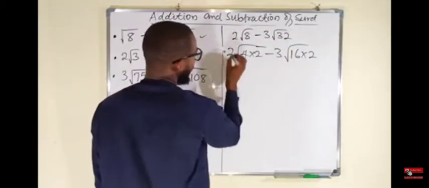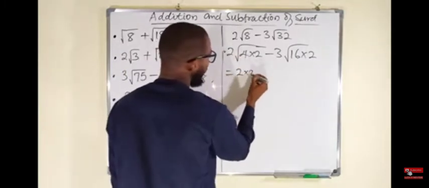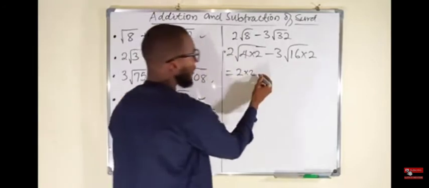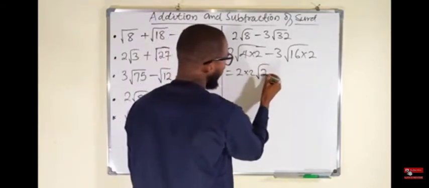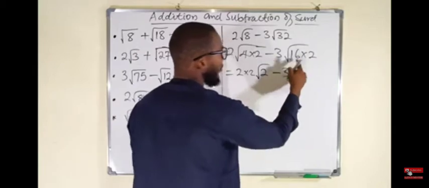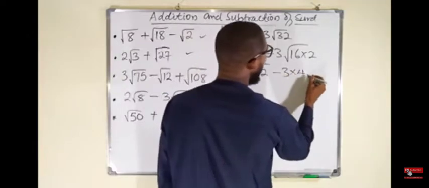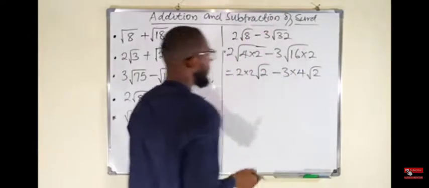This is equal to square root of 4 is 2, so we have 2 multiplying 2 because already we have 2 outside. Then in the radical sign we still have 2 minus 3 multiplying the square root of 16 is 4, multiplying 4 we still have root 2 inside.